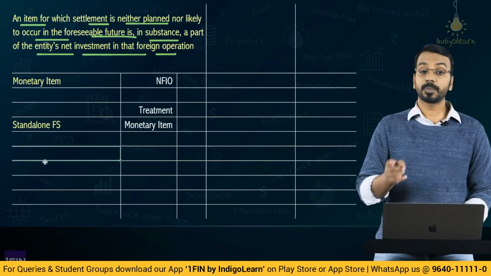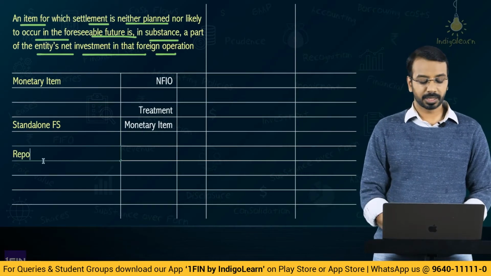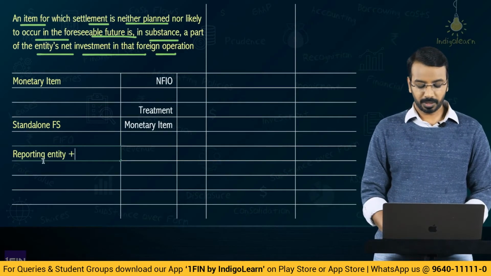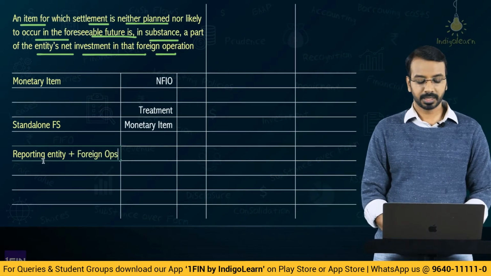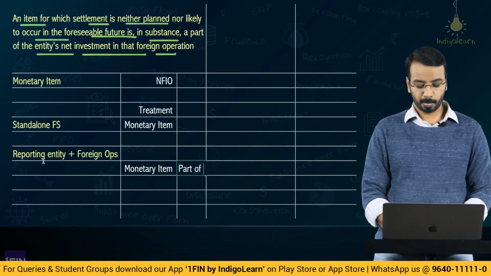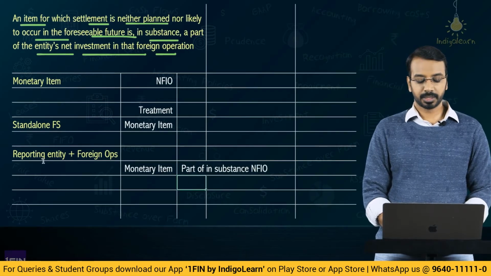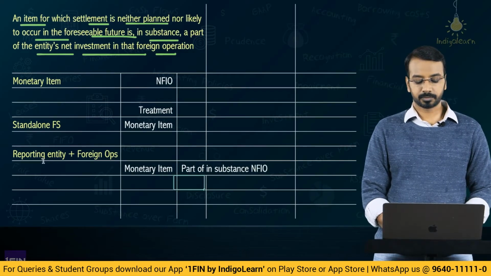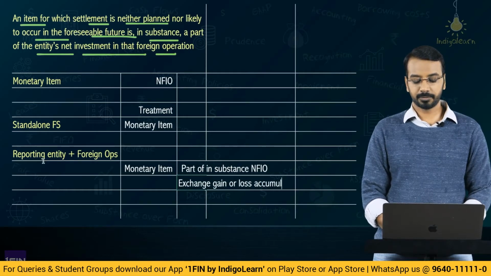But if you are preparing a financial statement of the reporting entity plus the foreign operation, then in that case, monetary items which are in substance a part of NFIO, exchange gain or loss will be accumulated in OCI.